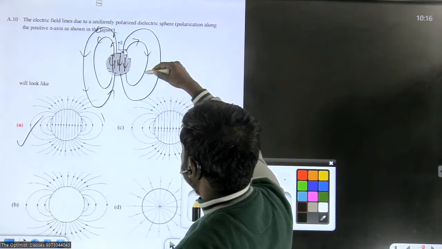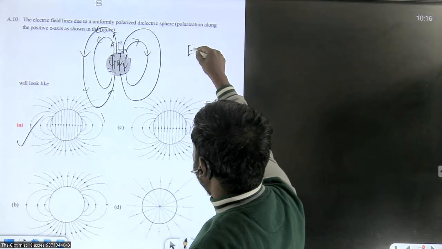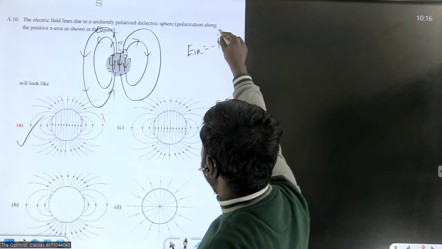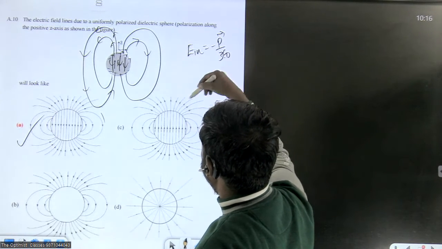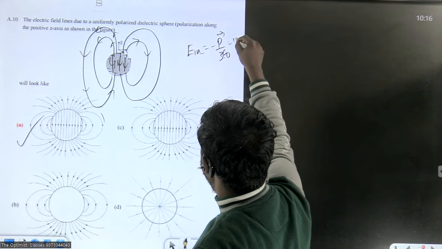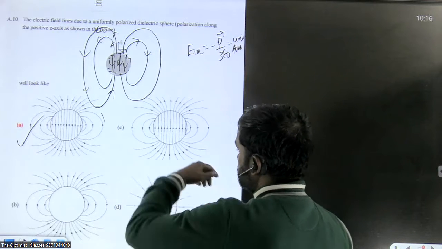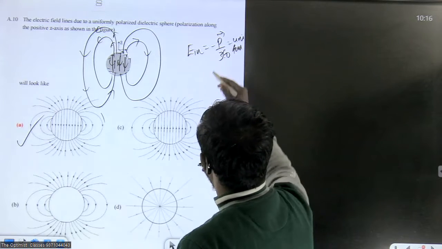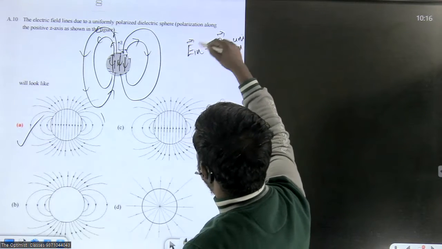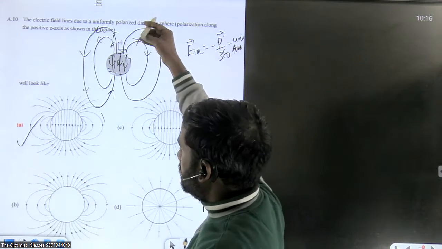Here we say that it is uniformly polarized, so the field inside is equal to minus P upon 3 epsilon naught, and this field is uniform. So the field lines are straight inside, and since E inside is opposite to P, and P is upward, the field line has to be downward.